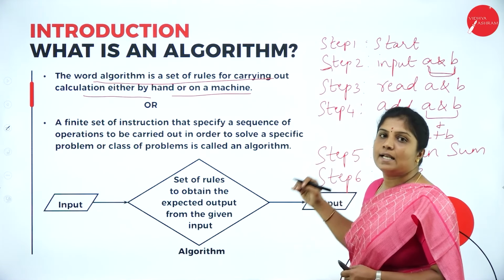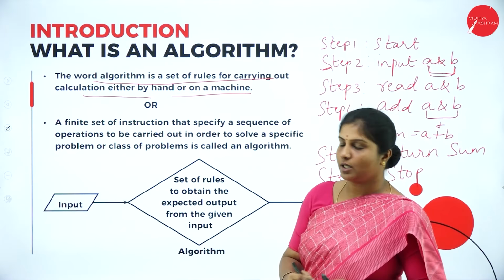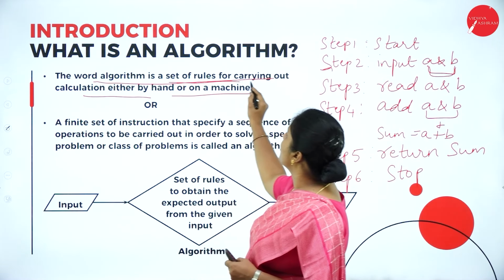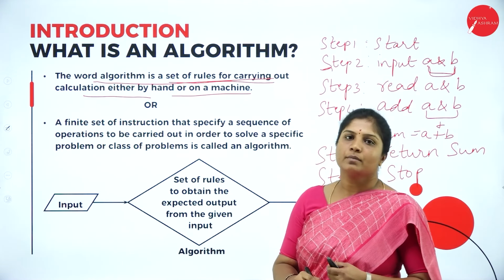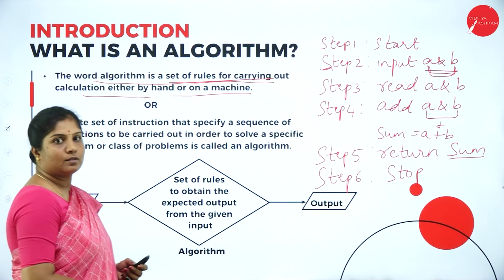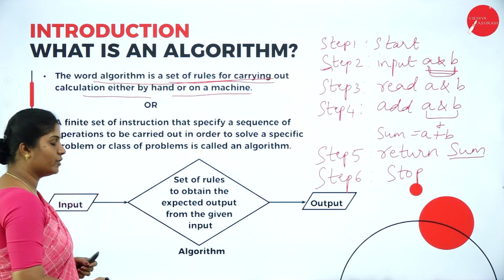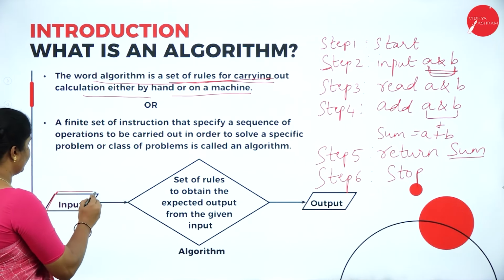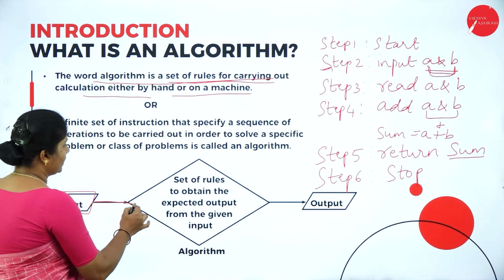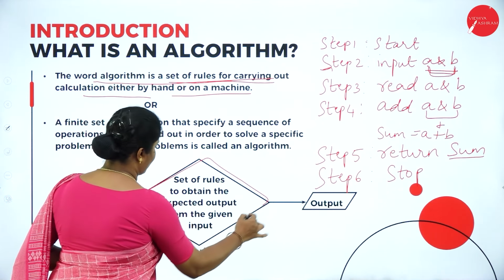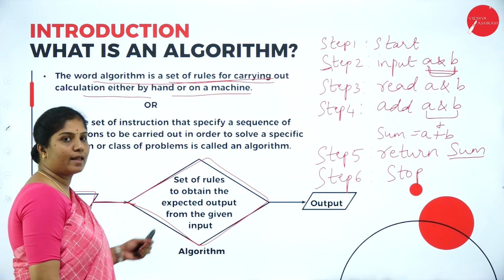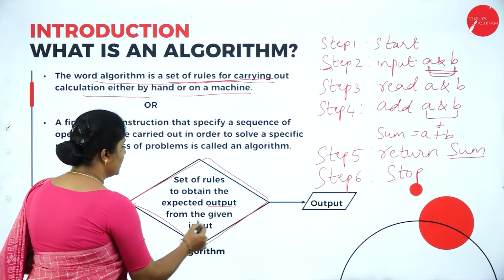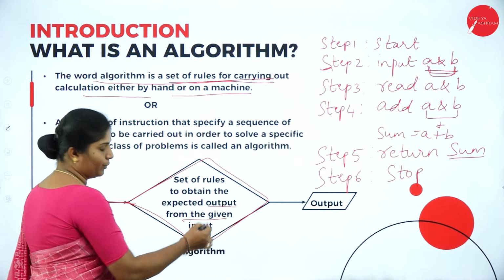That's why we say it is a step-by-step procedure or a set of rules for carrying out some calculations. Now, let us see how this algorithm works. Whatever input we give, it should have some set of rules to obtain the expected output from the given input.